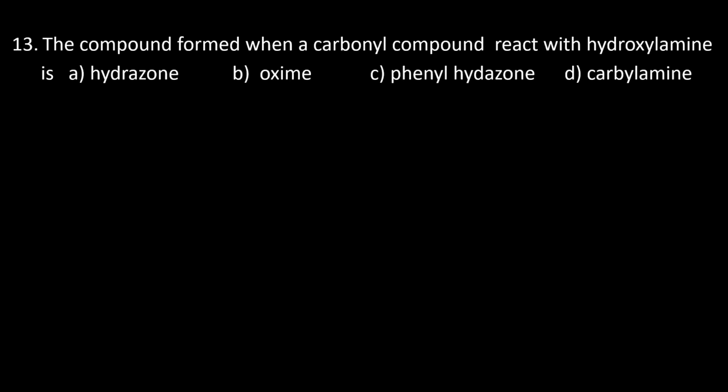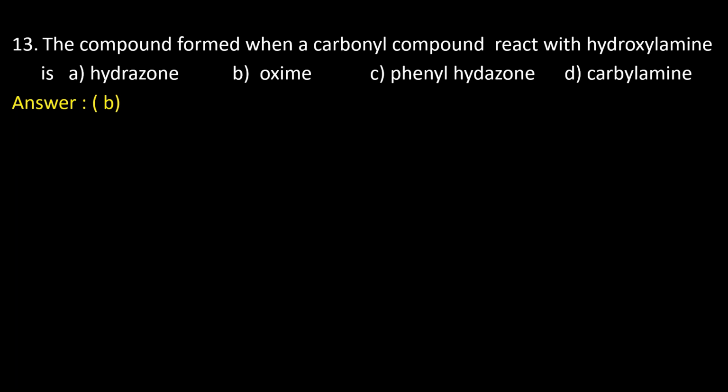Now let us take question number 13. The compound formed when a carbonyl compound reacts with a hydroxylamine is A. Hydrazone, B. Oxime, C. Phenylhydrazone, D. Carbylamine. Dear friends, the correct option for this is the option B, oxime. So whenever a carbonyl compound, may be aldehyde or ketone, reacts with hydroxylamine, it forms the oxime.